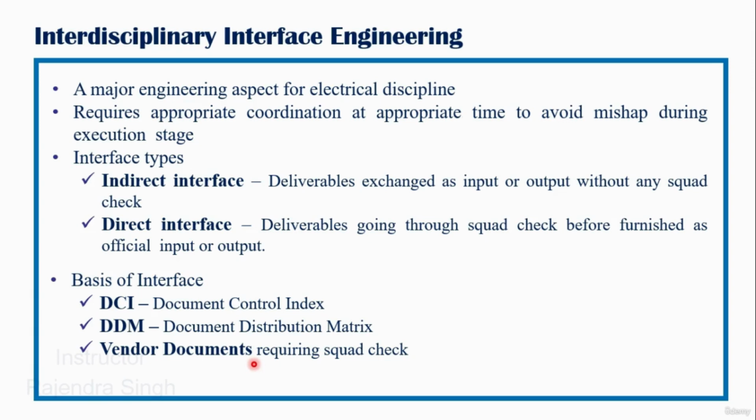In the first part, this DDM is strictly followed, and in some cases the vendor document matrix is also formed wherein vendor documents are also shared with the other departments for getting their inputs in order to have a codification of further vendor documents. That is also important. So all these three documents which we mentioned, DCI, document distribution matrix and vendor document distribution matrix, form the interface for the interdisciplinary engineering document.